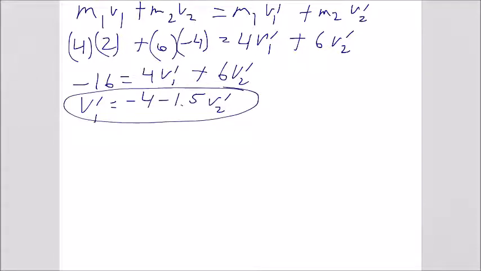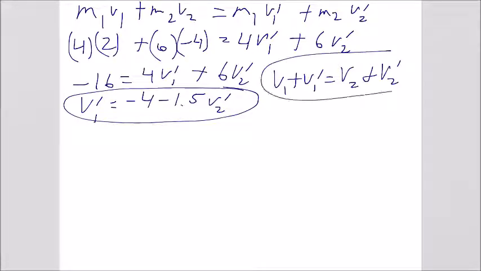Now we're going to go back and use the equation that we derived in the Introduction to Momentum screencast: v1 plus v1 prime equals v2 plus v2 prime. We're going to use this equation, and we're going to substitute this in for v1 prime into this equation. So when we do that, here's what we've got.